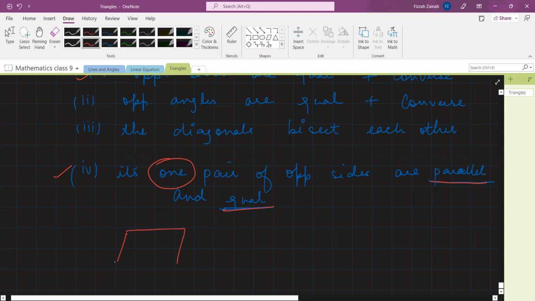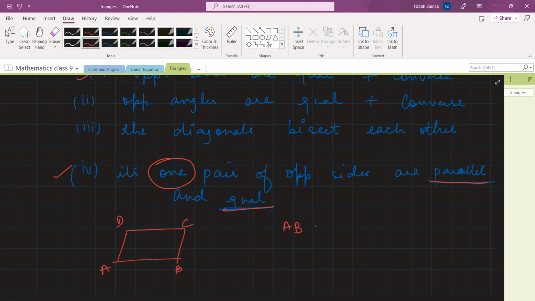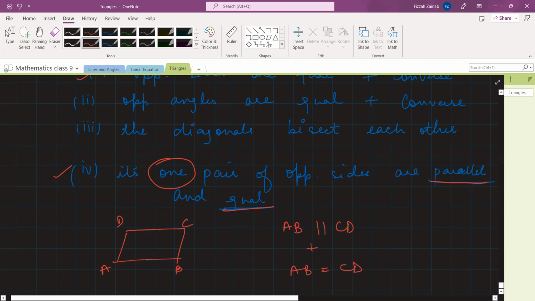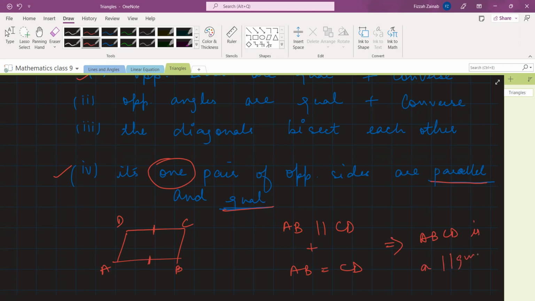Now, in a parallelogram, let's say I have A, B, C, D. So if only one pair, for example, AB is parallel to CD, plus AB is equal to CD, that means if I talk of only these two lines, if they are parallel and equal, then also ABCD is a parallelogram. Understand? Yeah, I think it's clear now.